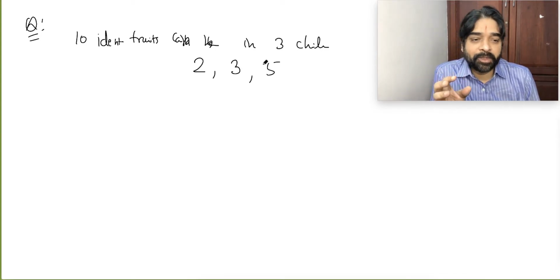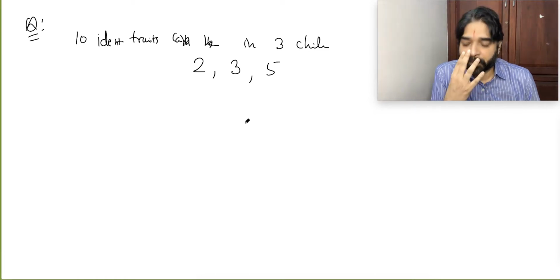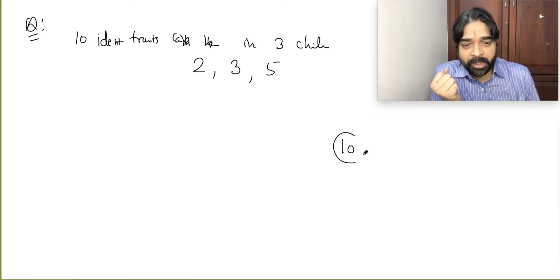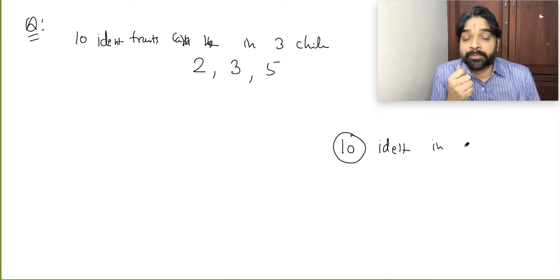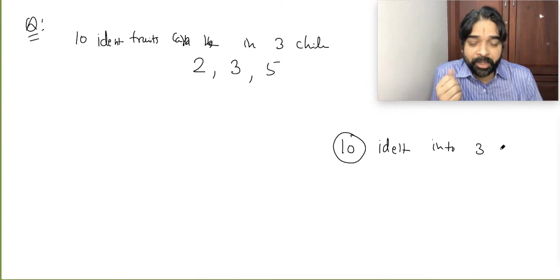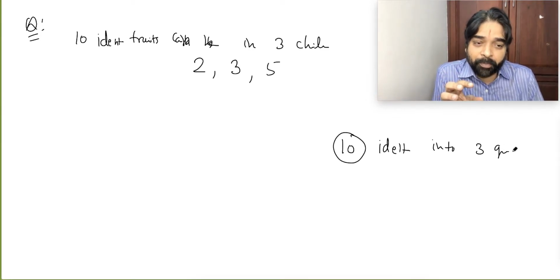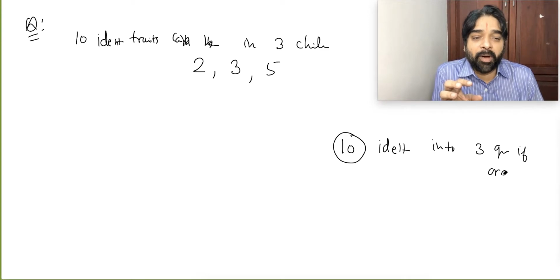Ten identical fruits into 3 children. What is the problem here? 2, 3, 5. We have to distribute 10 identical objects into 3 groups if order is important.